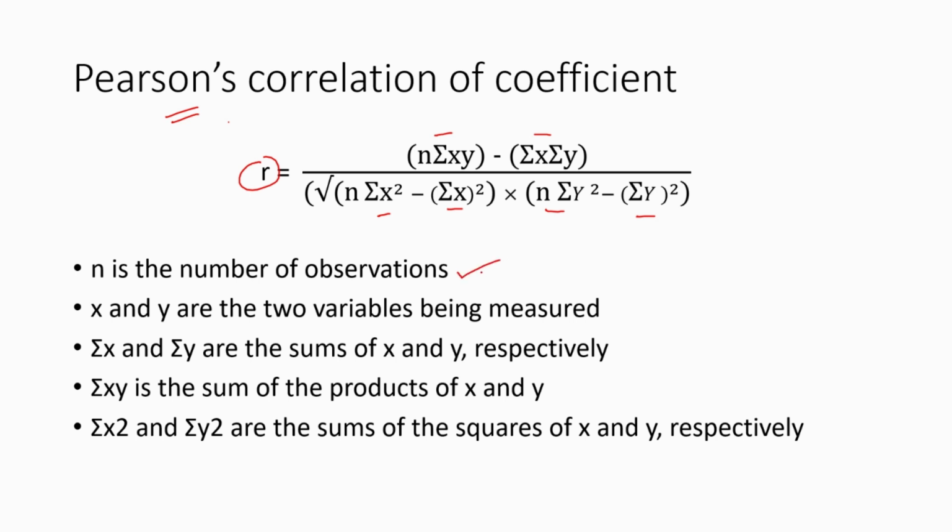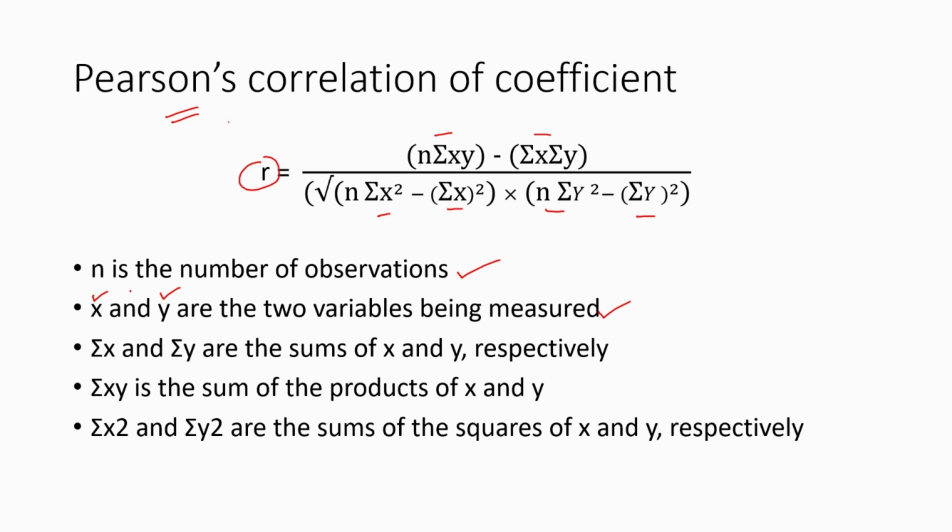Simple n is the number of observations. X and y are the two variables being measured. You need to understand that x will be the independent variable and y will be the dependent variable, which means the value of y depends on the value of x.